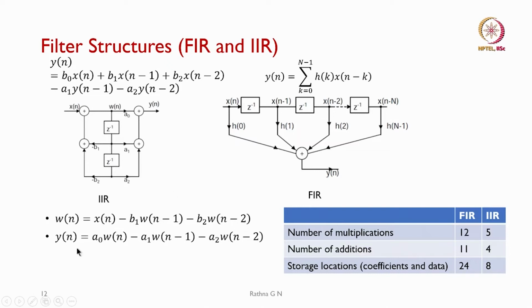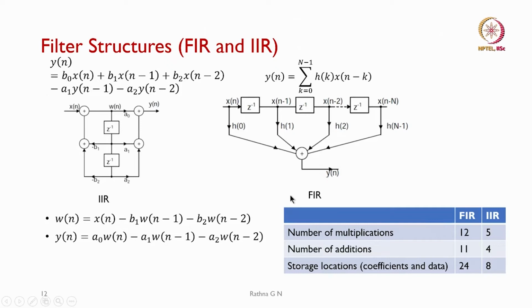What happens to my y of n? Y of n is nothing but a naught into W of n minus a 1 into W of n minus 1 minus a 2 into W of n minus 2. Since we have considered, this is my feedback section and this is my feed forward section. So, this is my whole equation of second order IIR filter.